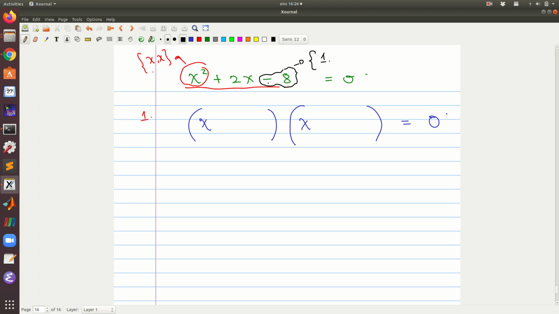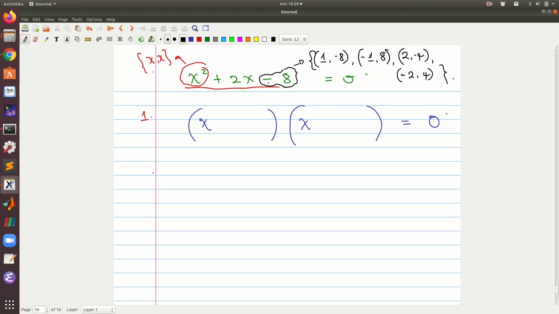We have 1 and negative 8, then negative 1 and positive 8, positive 2 and negative 4, negative 2 and positive 4. I guess that's all there is.